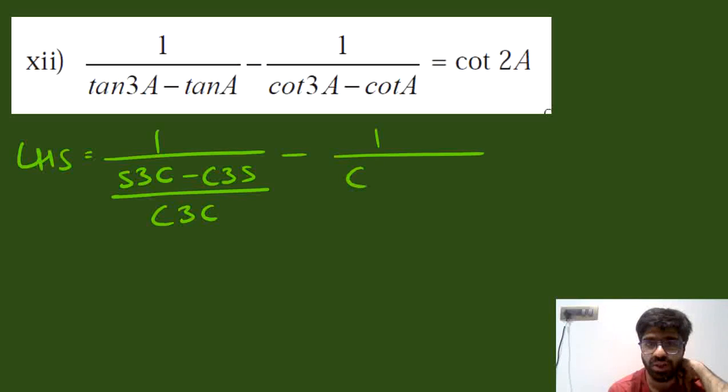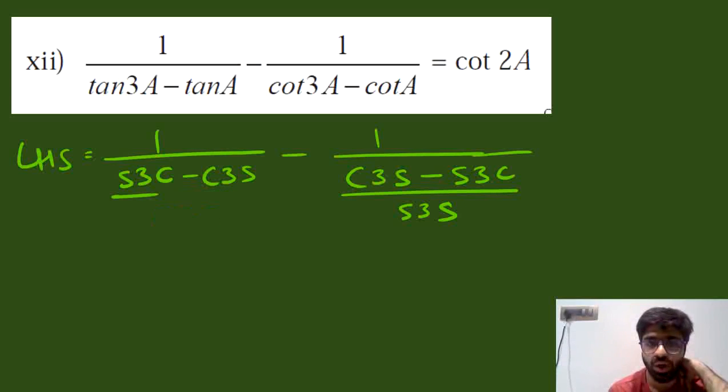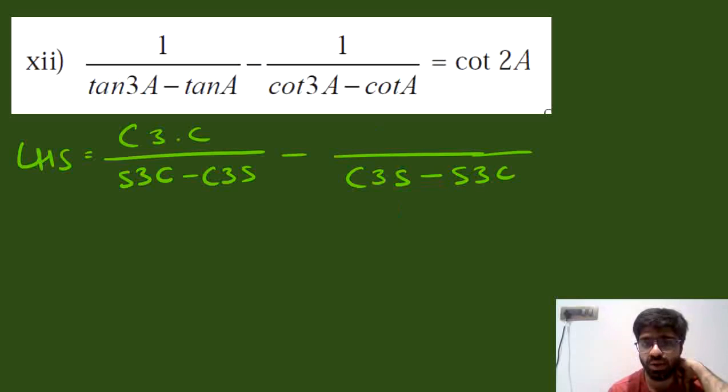We have similar expressions here, cos 3a sin a minus sin 3a cos a divided by sin 3a sin a. Okay, let's take that cos 3a cos a in the numerator. And let's take this sin 3a sin a also in the numerator.